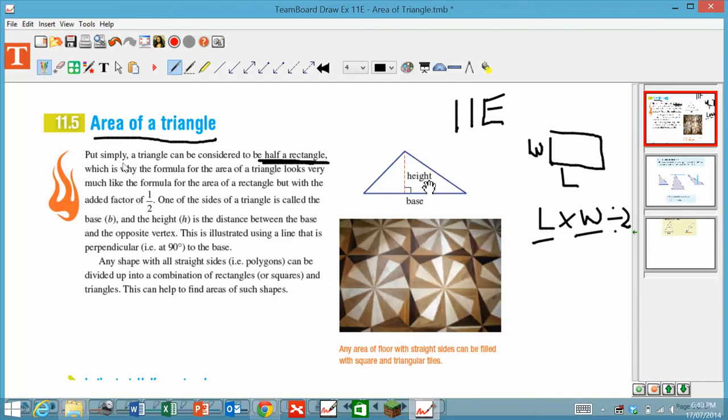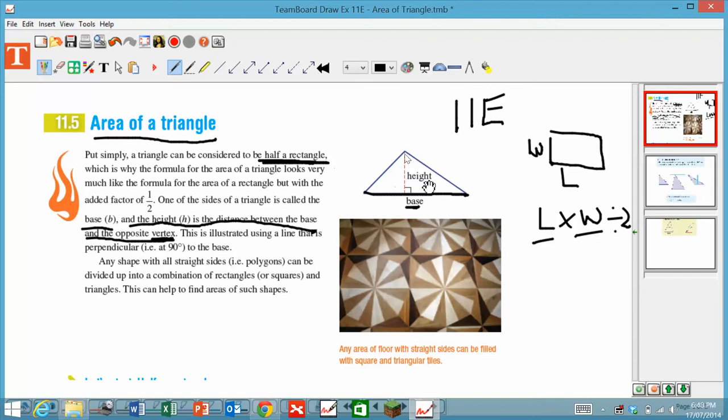Put simply, a triangle can be considered half a rectangle, which is why the formula for the area of a triangle looks very much like the formula for a rectangle, but with the added factor of 1/2. One of the sides of the triangle is called the base, as you can see here. We've got a base going across that way, and we've also got the height, which is the distance between the base and the opposite vertex, and the vertex is where two arms meet.